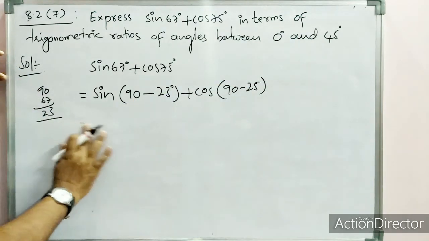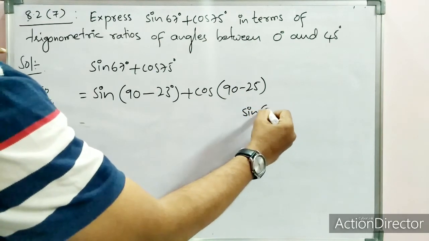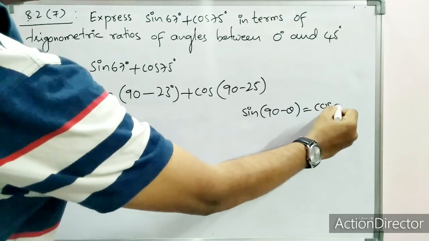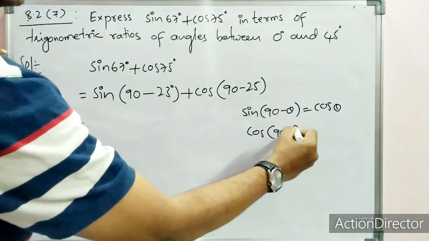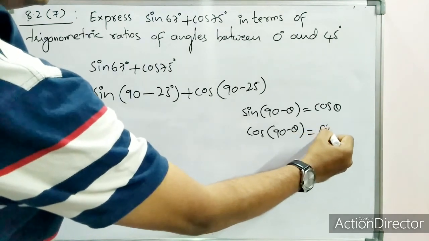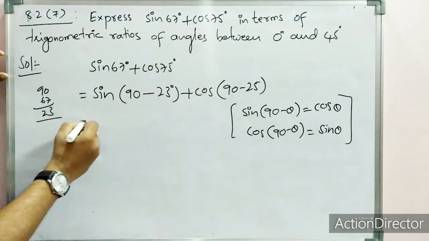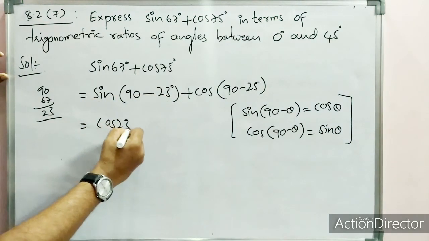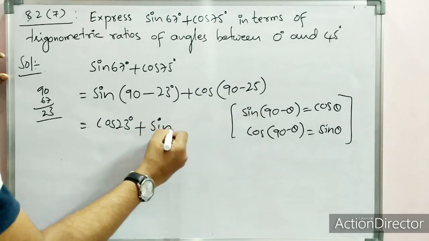Now we have the complementary formulas: sin (90 minus theta) is cos theta, and similarly cos (90 minus theta) is sin theta. Therefore we can write cos 23 degrees plus sin 25 degrees.